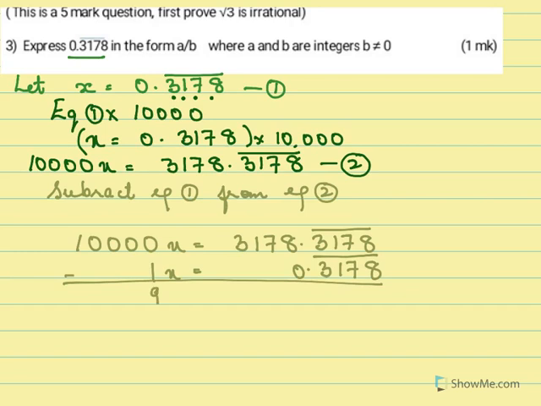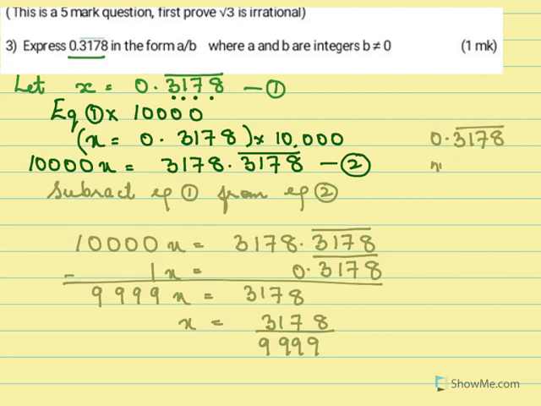So on subtraction you get 9999x equal to 3178. So x is 3178 over 9999, and if you can reduce it further, you reduce it.